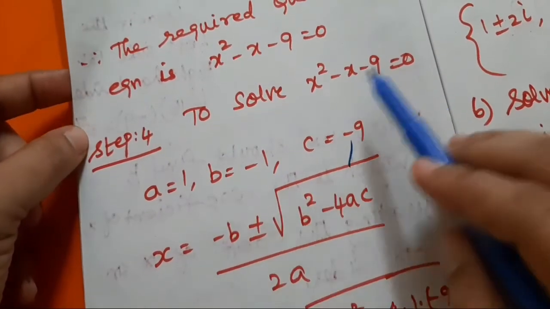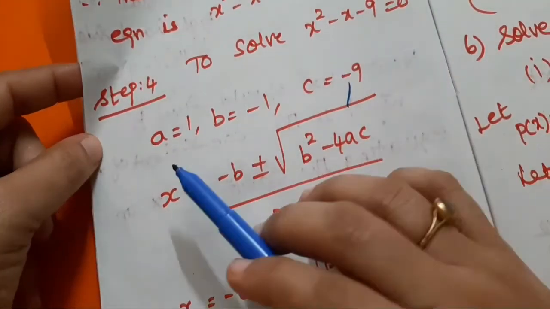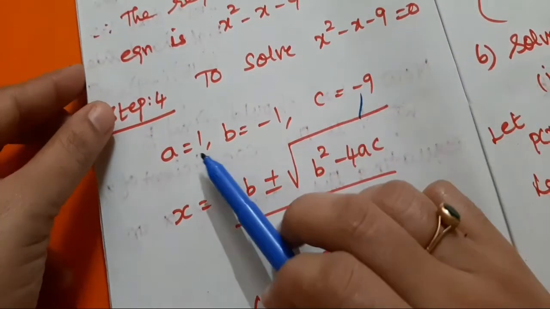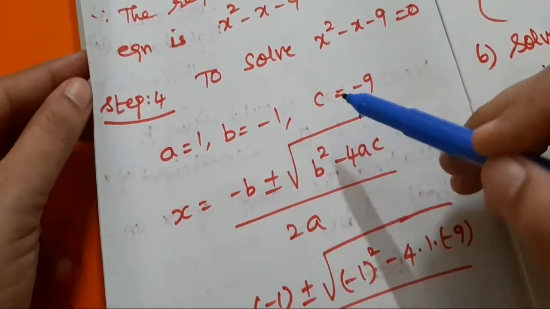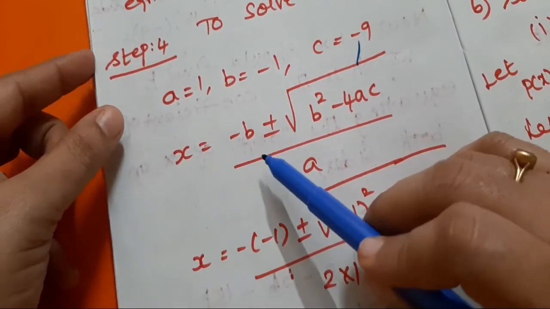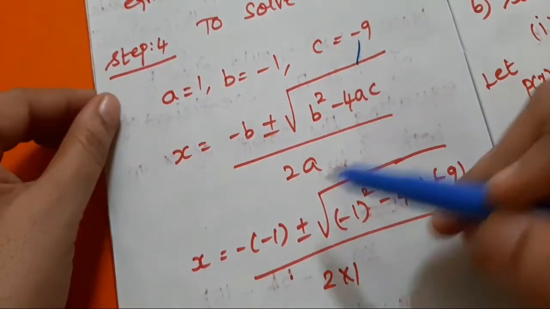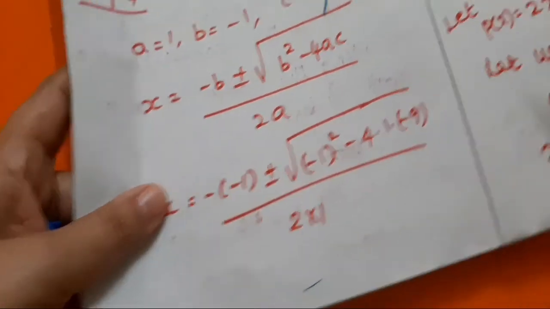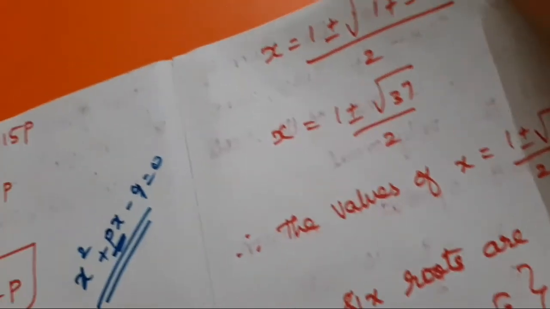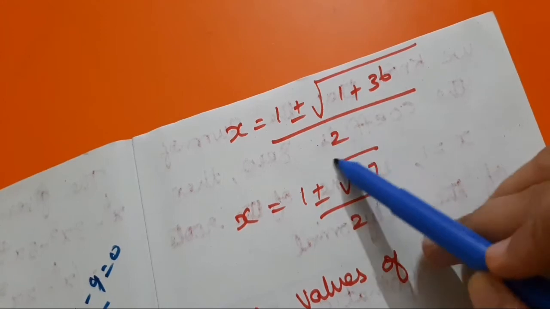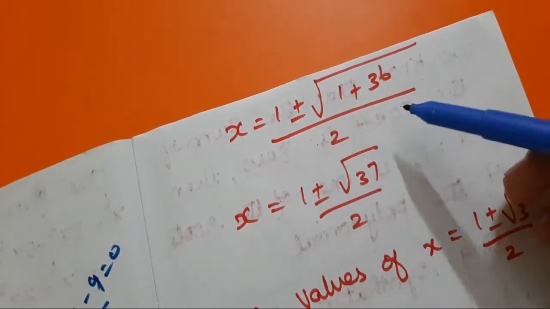So now I want to solve this quadratic equation with the formula method. Here a is equal to 1, b is equal to minus 1, c is equal to minus 9. So I am using x is equal to minus b plus or minus square root of b square minus 4ac, all by 2a. If you substitute in this formula, you will get the x value as 1 plus or minus square root of 1 plus 36, by 2.